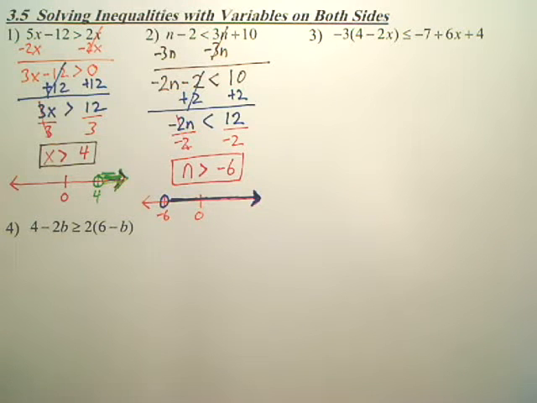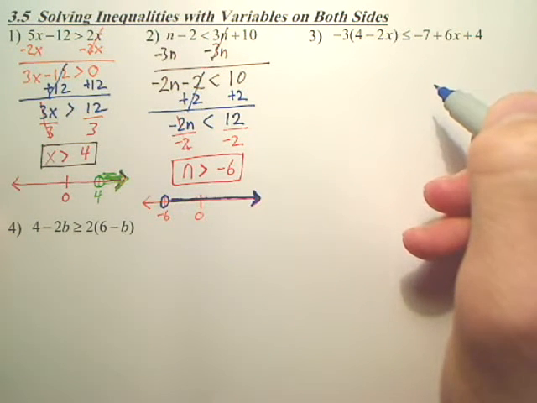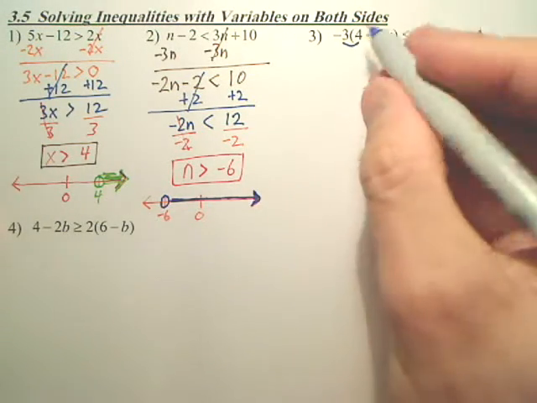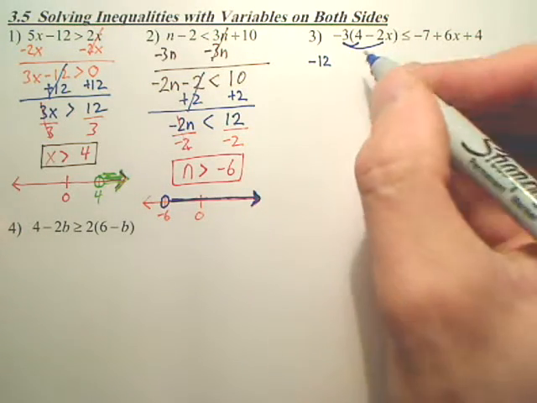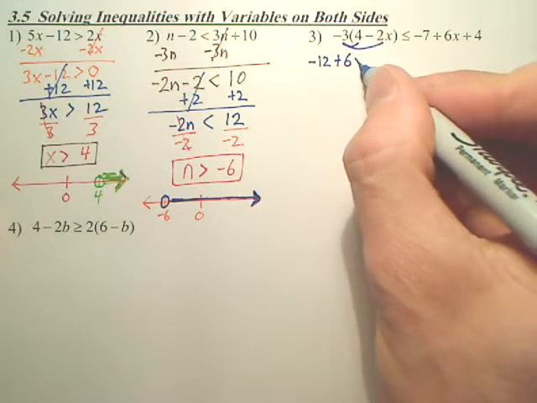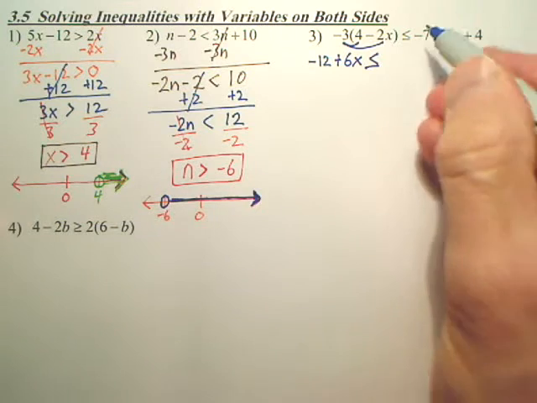Okay. Number 3. I want to solve this one. The first step is to simplify each side. So I'm going to distribute negative 3. That gives me negative 12. And that gives me negative 3 times negative 2x is positive 6x, less than or equal to.